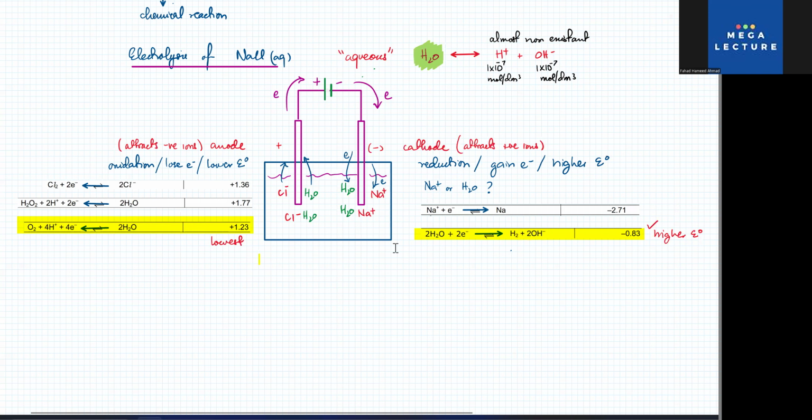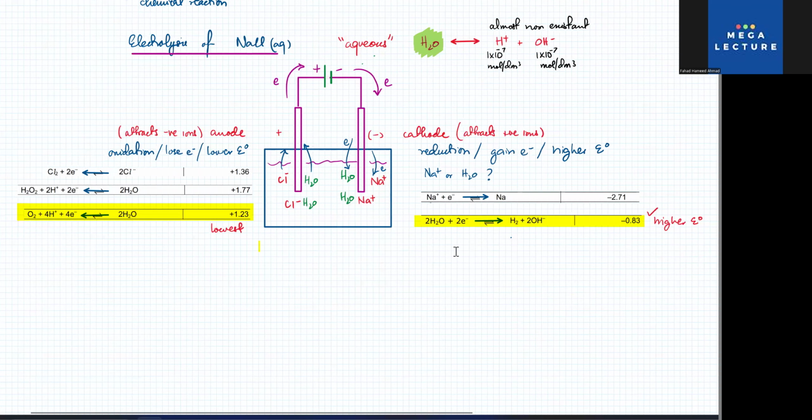Okay, when you talk about electrolysis, there was Na plus 1, there was Cl minus 1, and there was water. Water did not ionize a lot, so I ignored H plus 1 and OH minus ions. Over here, I just had to figure out who gains electrons. So it was either going to be Na plus 1 or H2O. So I found equations of Na plus 1 and H2O gaining electrons, and I found that this is the highest E naught.